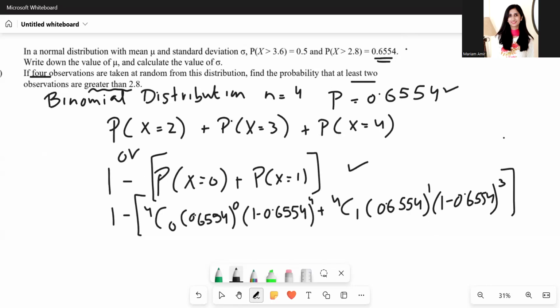Enter this in the calculator carefully. You'll get 0.87862, and in 3 significant figures we get 0.879.